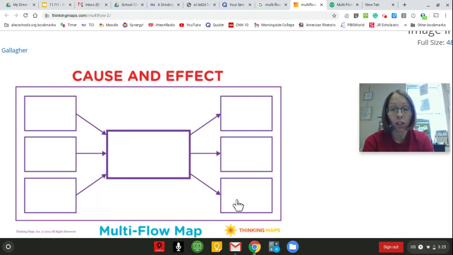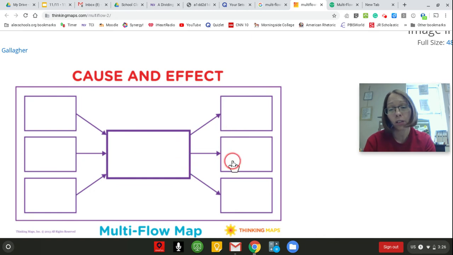And then I started having everybody think of one event in your own life that you would have causes and effects for. So it could be brushing your teeth, a very simple one. So what causes you to brush your teeth? Maybe a dentist said you need to brush your teeth. Maybe your parents have always asked you to brush your teeth. And then you brush your teeth, and then what's the effect of it? The dentist is happy with you when you go visit the dentist.